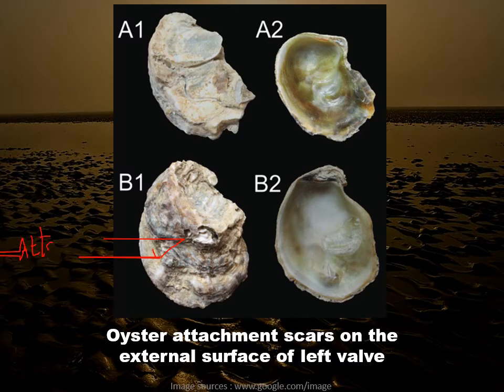So these irregular marks, these irregular scars, represent the attachment scars along which this particular valve of the bivalve is attached firmly by cementation to the hard substrate. So the presence of this attachment scar is an important feature by which we can identify these epifaunal cemented bivalves.